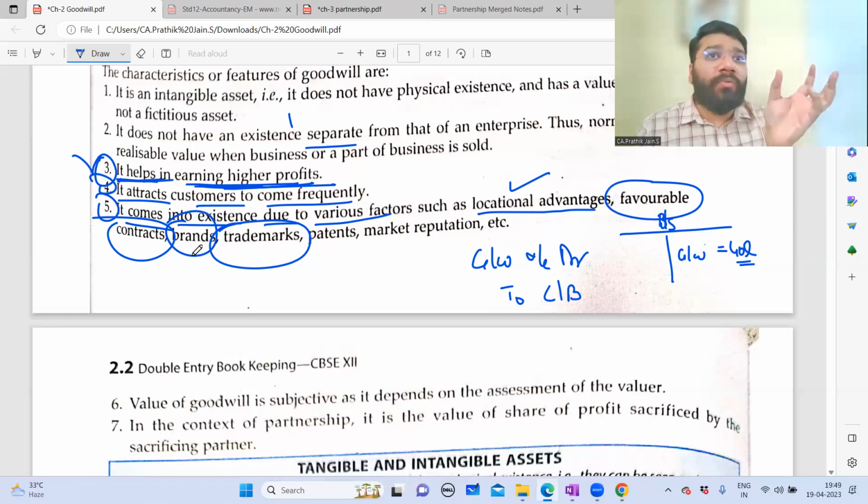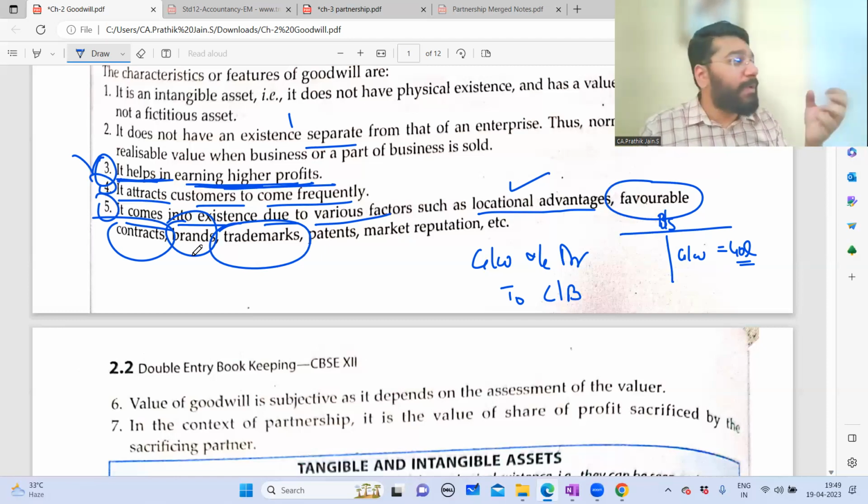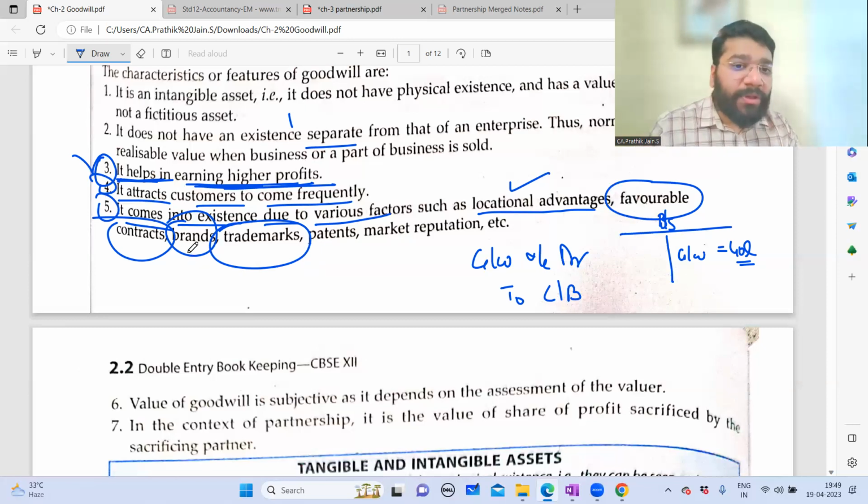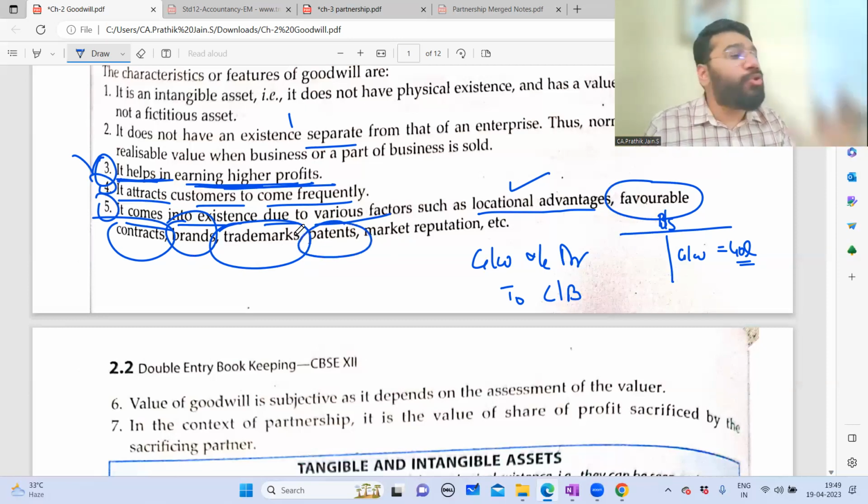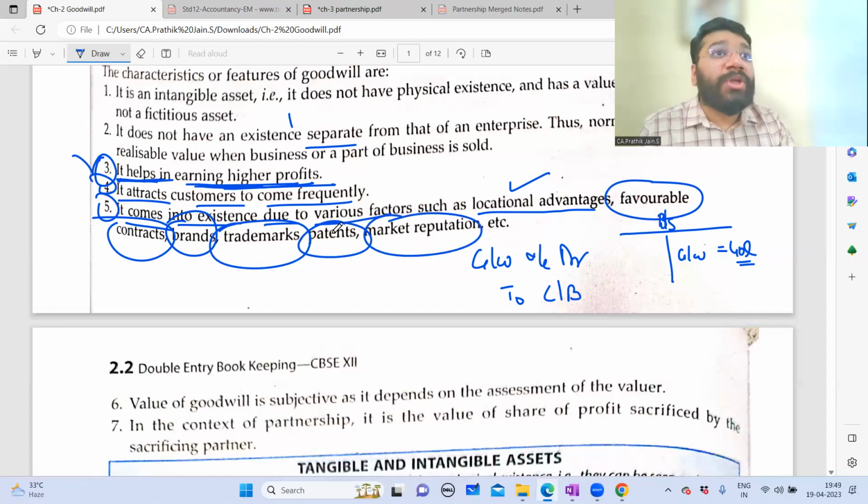Know-how: there's a know-how which you have got in your name. Patent, copyright and trademark are a similar variety, but applied to different things. So you have certain trademarks and patents which nobody else has got. You have certain market reputation which nobody else has got. So this will place you at an advantageous position where you can claim high goodwill compared to other businesses.